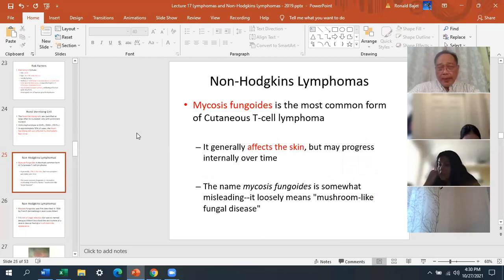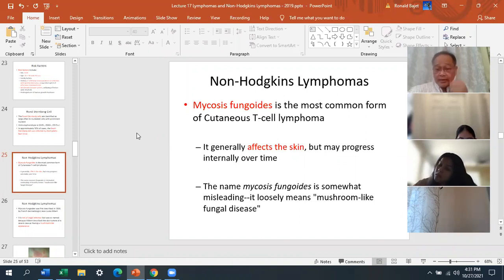Okay, so we're now past Hodgkin's lymphoma, and I'm going to talk about non-Hodgkin's lymphoma. I mentioned earlier Mycosis Fungoides. Make sure you know that Mycosis Fungoides is the most common form of cutaneous T-cell lymphoma, or CTCL.